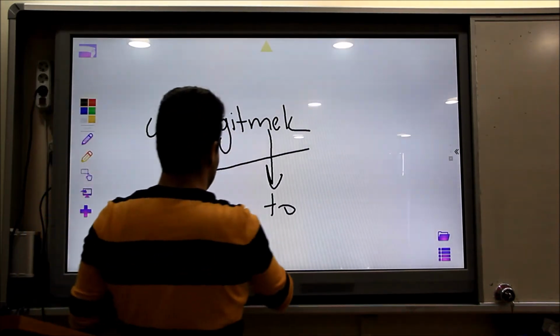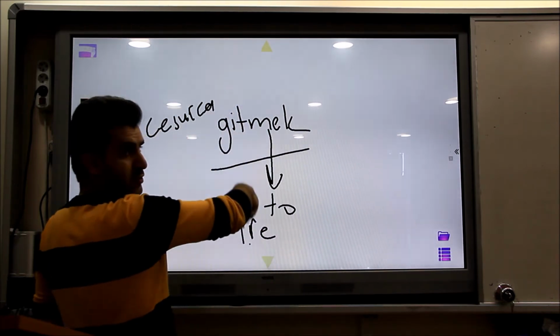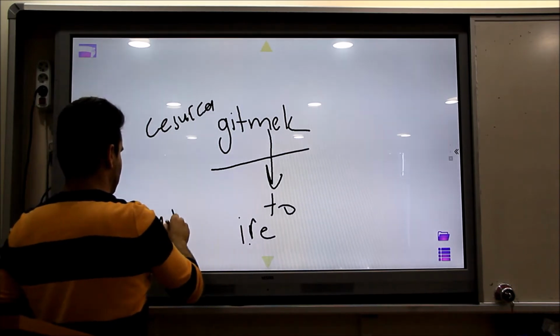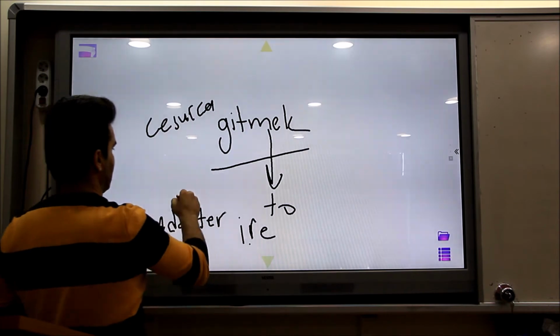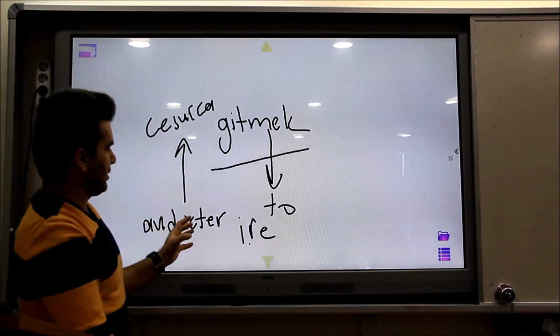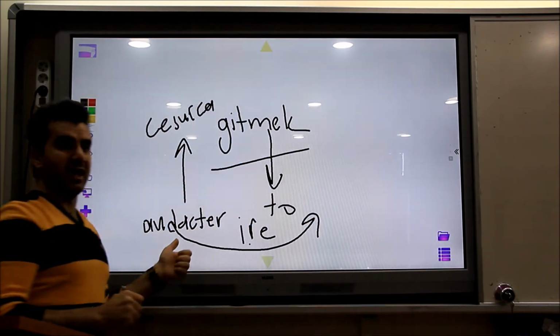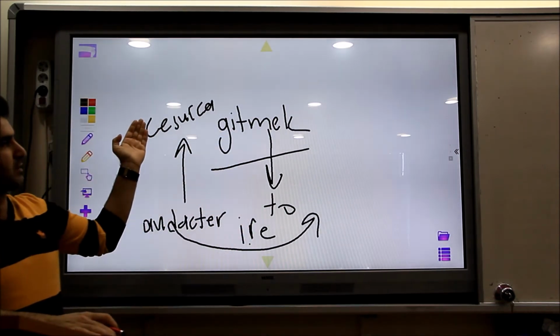In Latin we say ire, to go, audactor. Something like this. Okay? You see? Whereas in Latin we use the adverb after the infinitive form, in Turkish we use it before it.